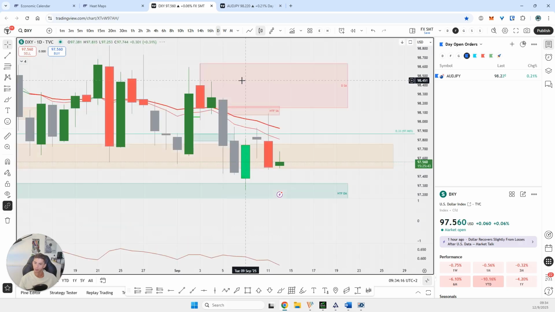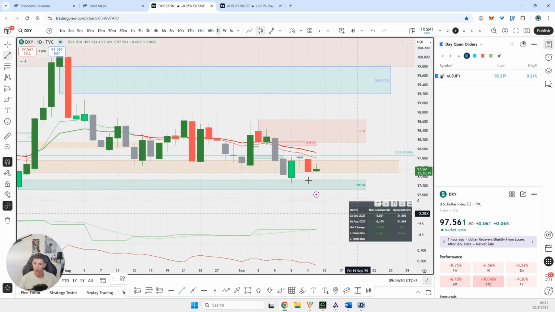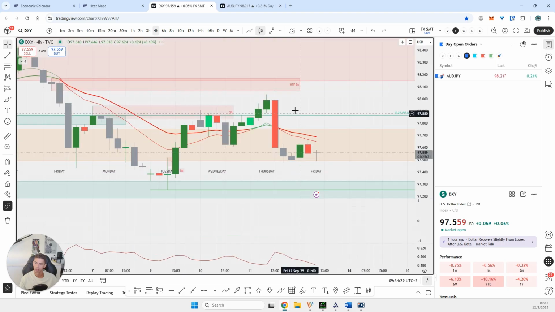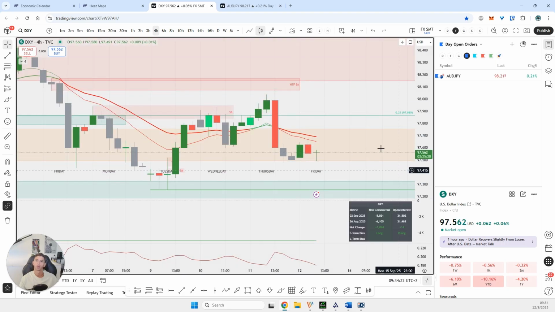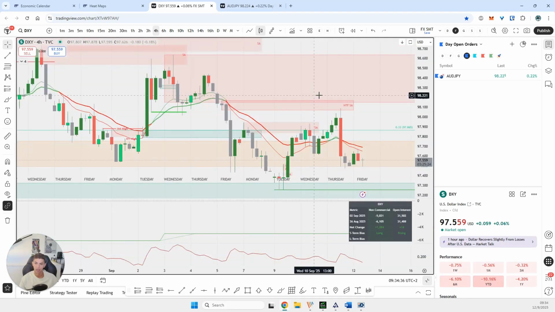All right, look at this. I definitely expect for price to head here and even lower too. We'll see. So we can expect a bearish dollar. What does it mean to have a bearish dollar? It means risk on, right?